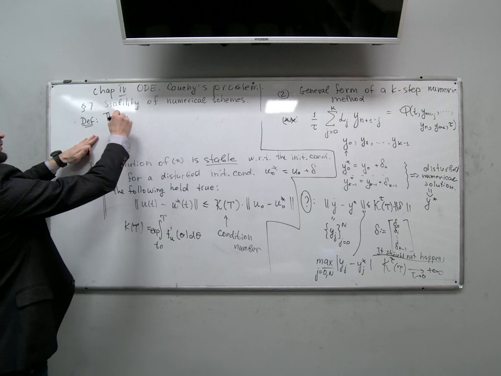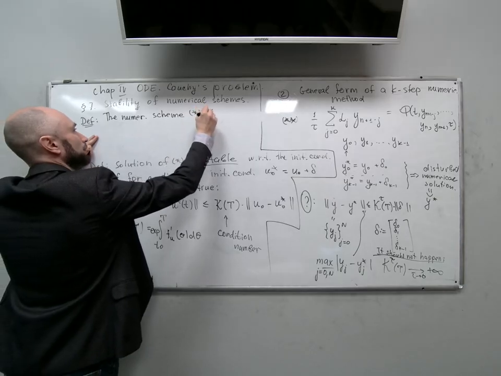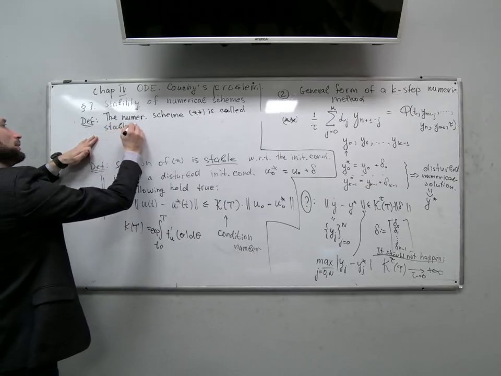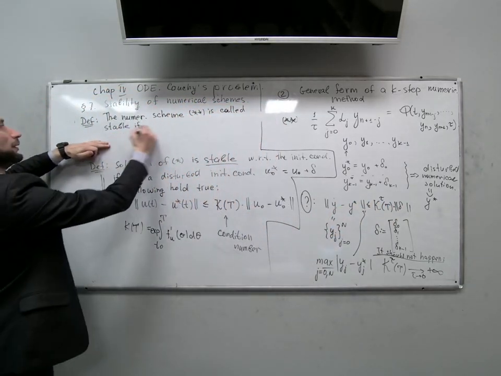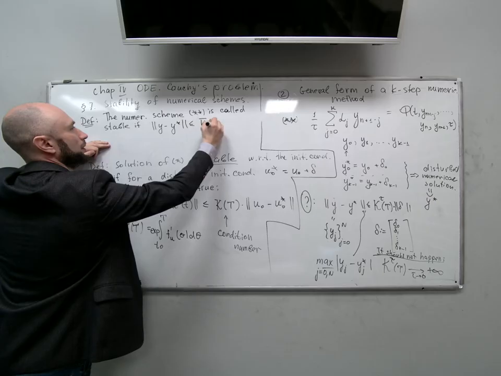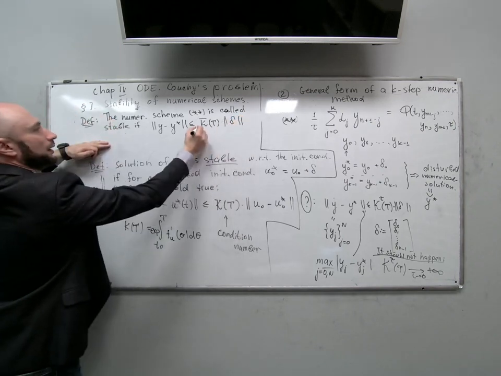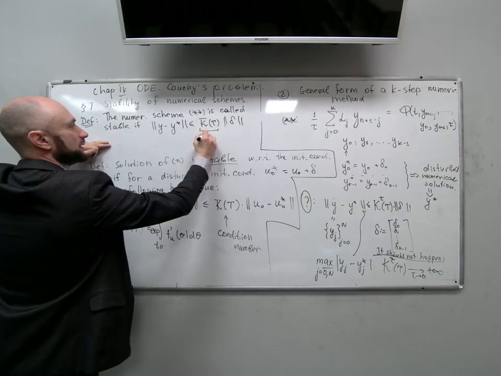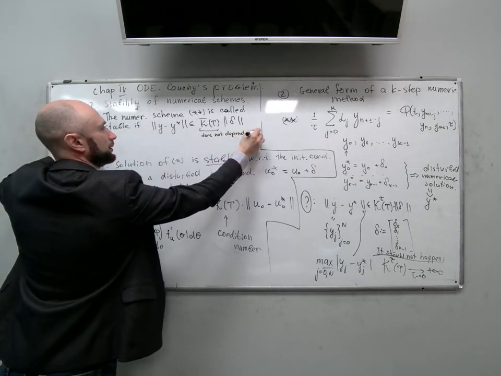The numerical scheme, 2 stars, is called stable if this inequality holds true with some constant k dash, which does not depend on tau.